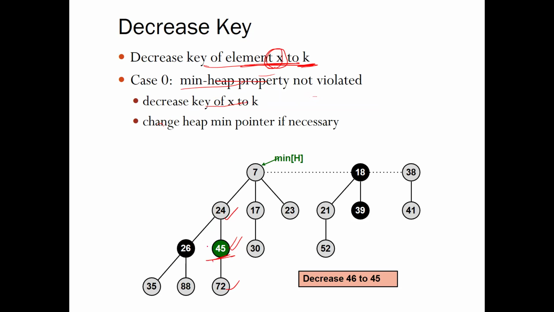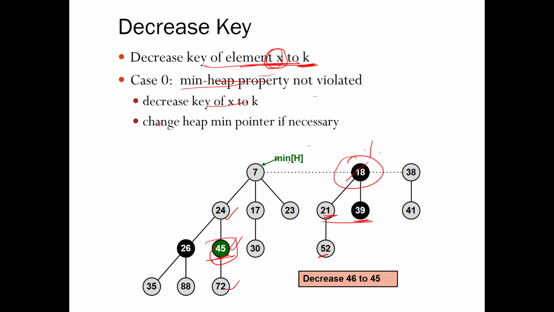But this is the case where this was a subtree. Suppose I asked you to reduce something here, say this one. I asked you to reduce 18 to 1. Now when 18 is reduced to 1, does the min heap property change? No, because 1 is still less than 39, 1 is still less than 21, and these are lesser than their children, and so on. So the min heap property is satisfied.